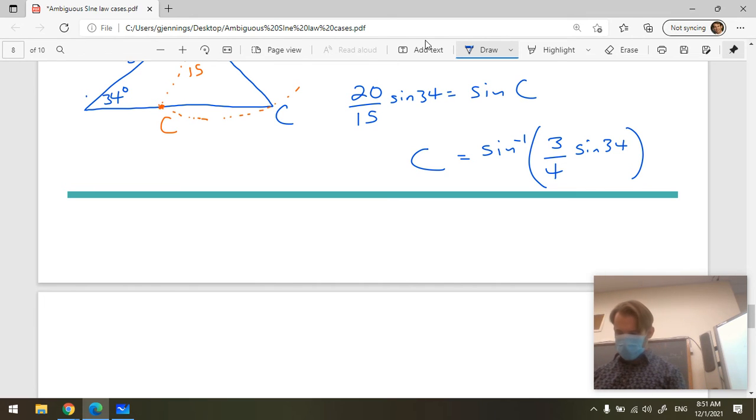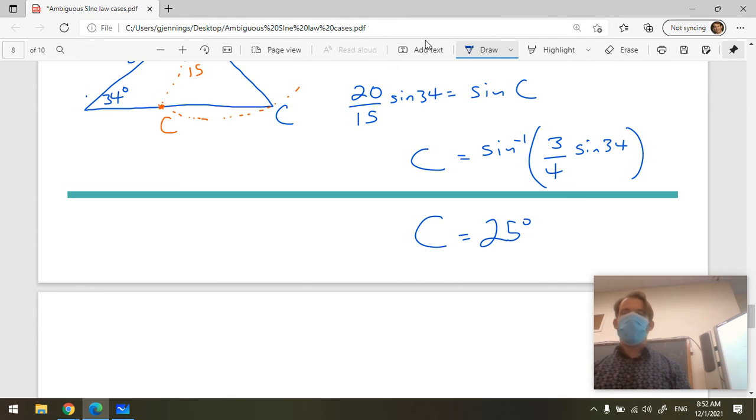I go 3 divided by 4 equals, multiplied by sine 34 equals. Okay, so I get 0.41, and now I take the sine inverse of that. So when I do this, I get that C to the nearest degree is 25 degrees.